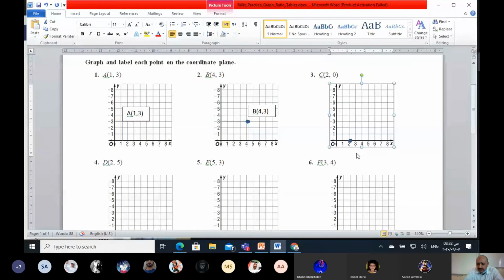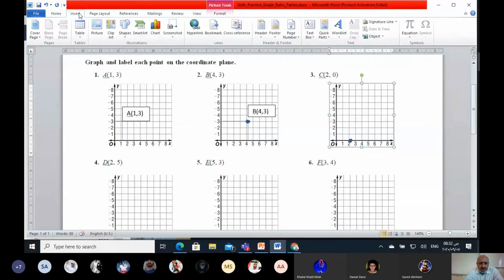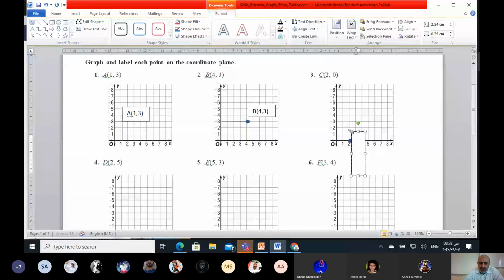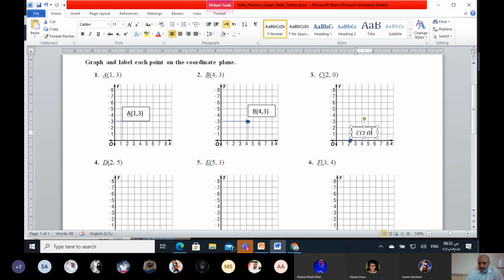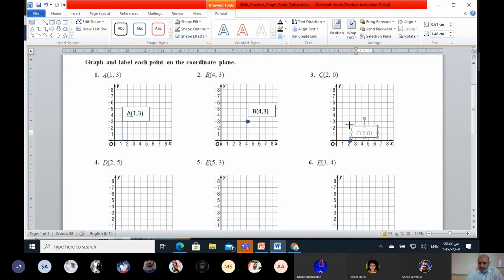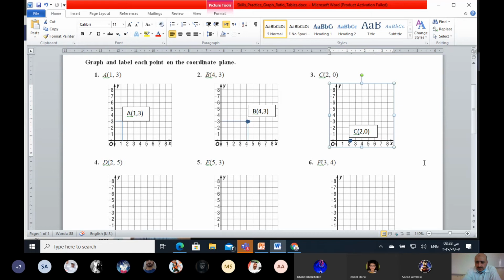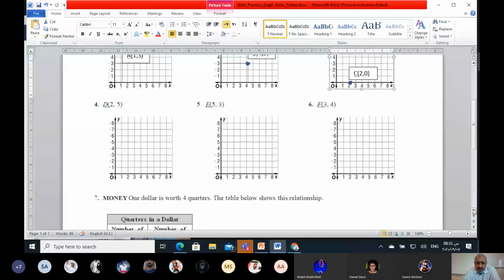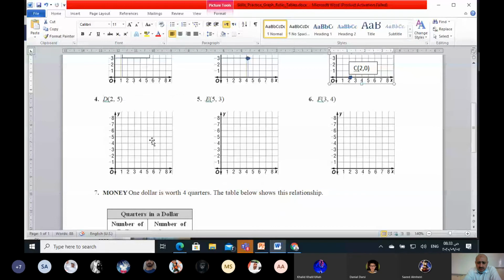So the name of this point is C, 2 in the x and 0 in the y. Now you can try with number 4.